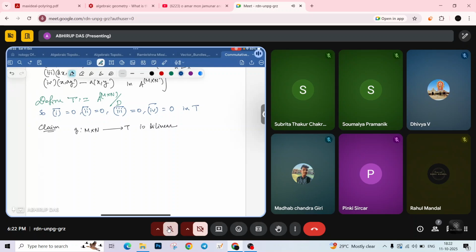So what will be the image of this map? It will be (m, n) going to (m, n) plus D.